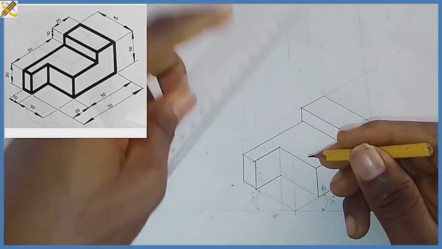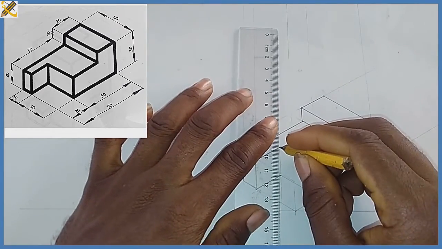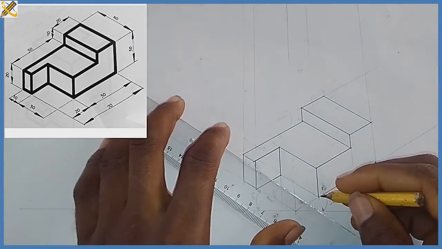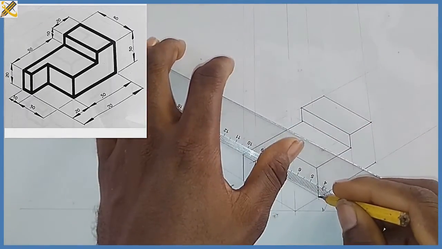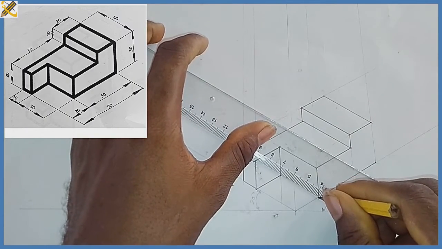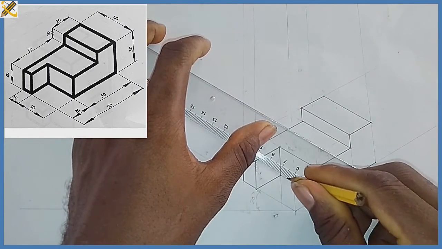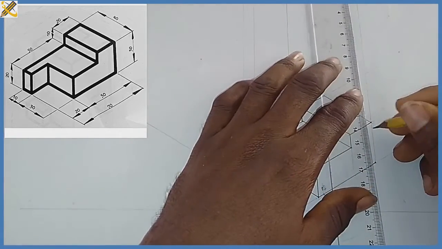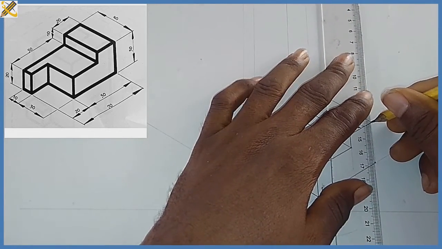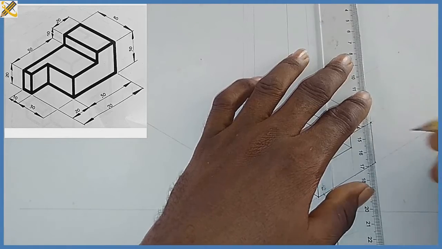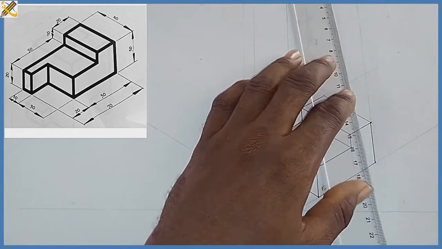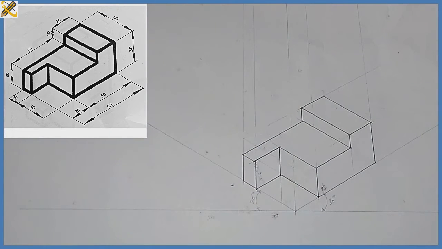All right, so this goes there, as you can see. Then this comes right here down to this junction here in this manner. So as you can see, that is our object.